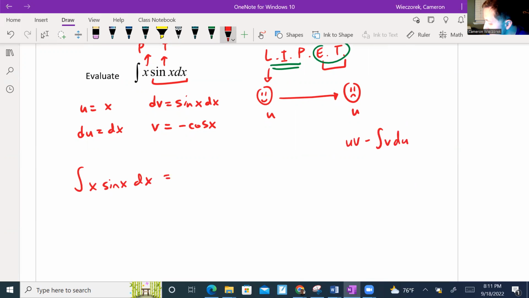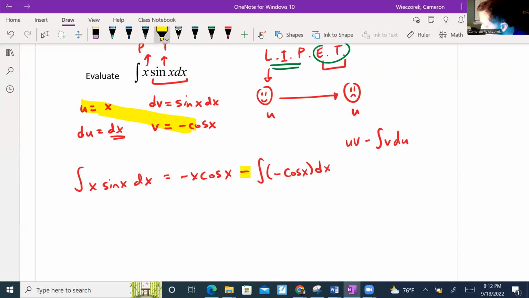Pairing them up, u times v would be x times negative cosine x, which is negative x cosine x, minus the integral of v, negative cosine x, times du. We had that du was dx. I'm going to take my two negative signs and make it a positive. So I get negative x cosine x plus the integral of cosine x dx.